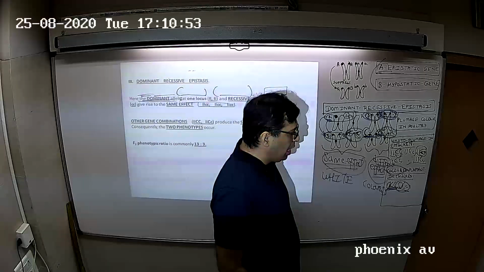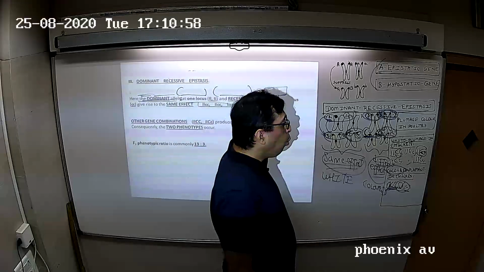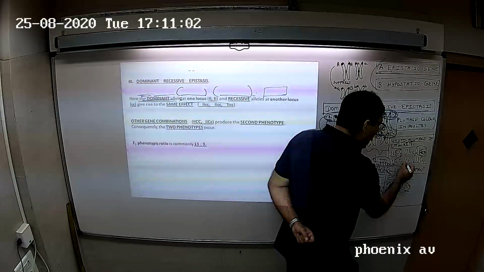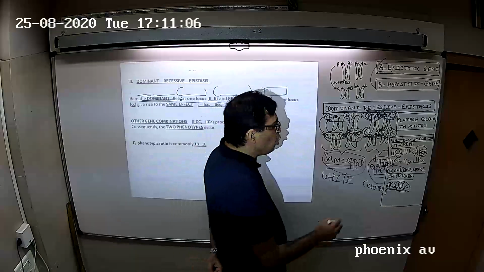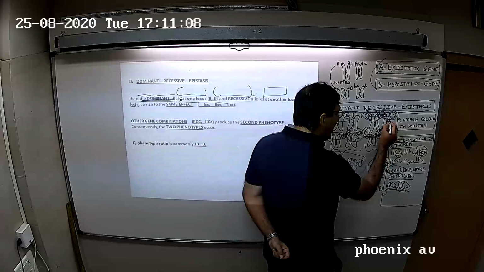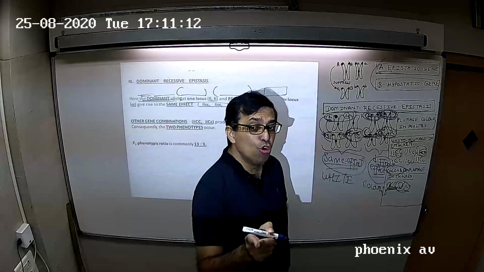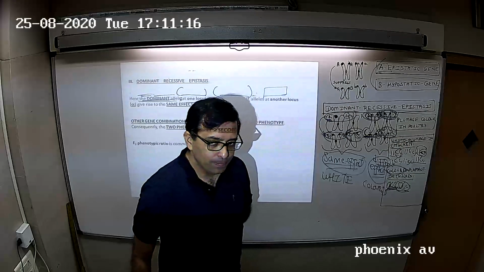Now a golden word. What if you have small i, small c? If you have small i, small c, then you will get white chicken.